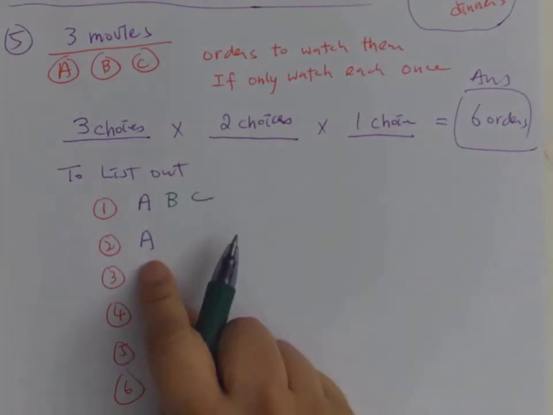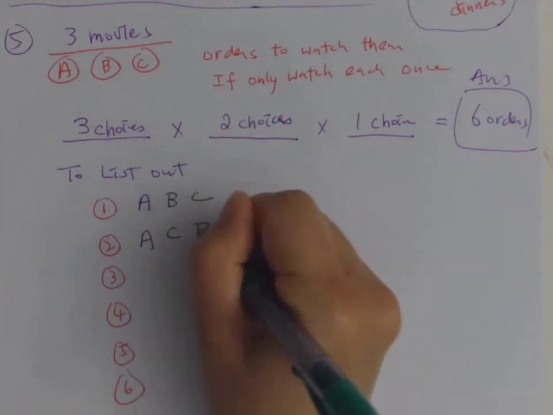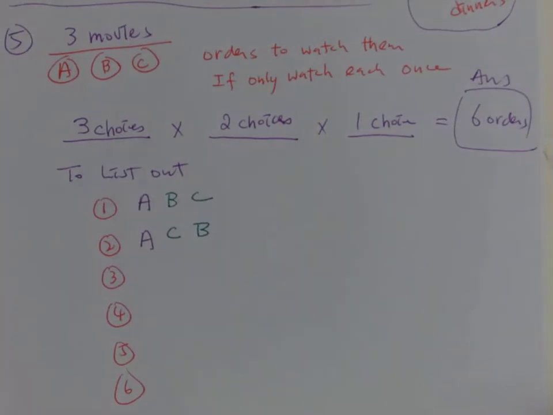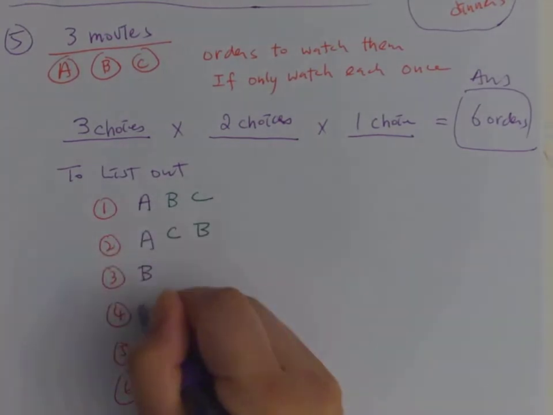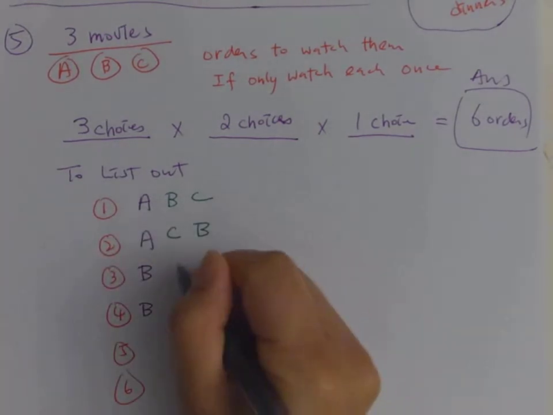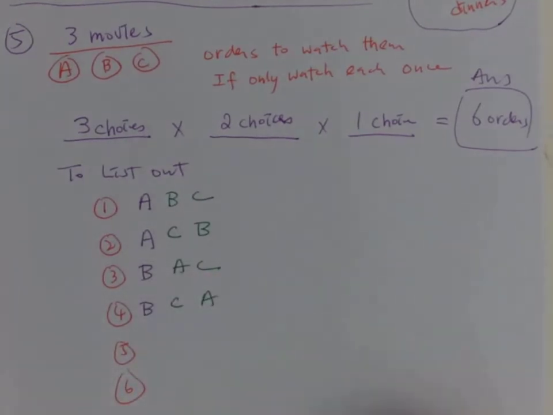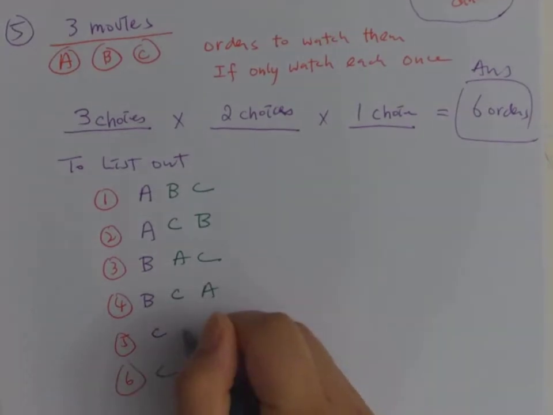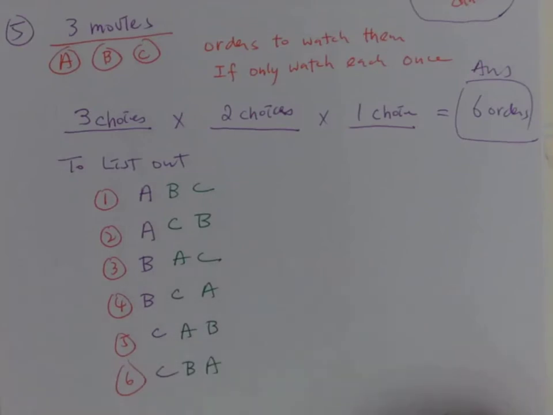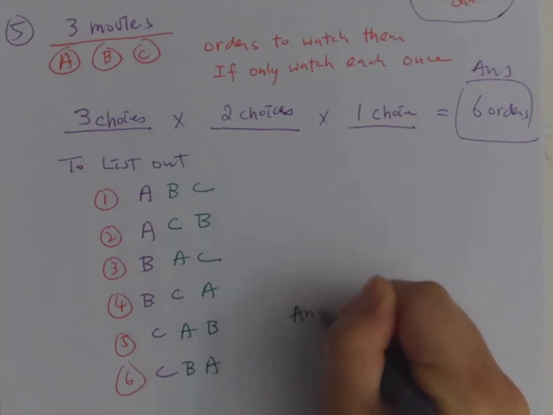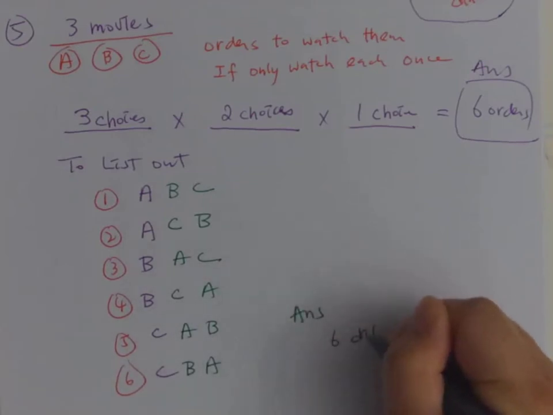Or I can watch A first and then swap these 2. Or I can watch movie B first, then AC, or I can flip it, CA. And then I can watch movie C first and then flip the AB or BA, right? So either way you should have 6 different orders.